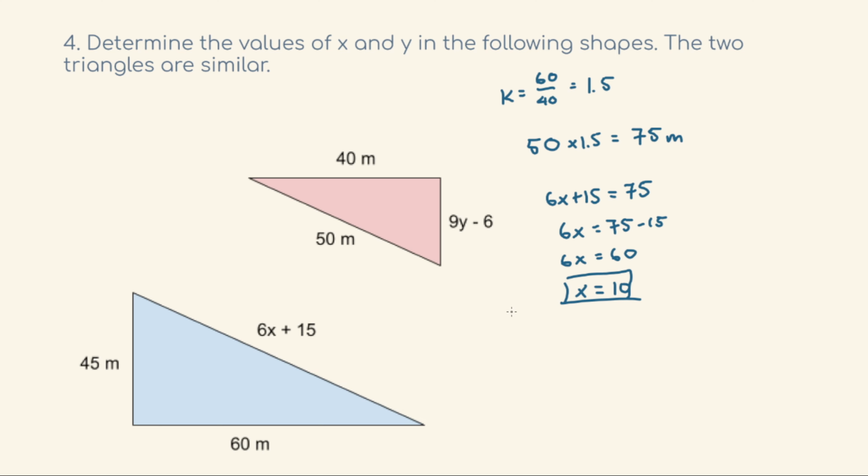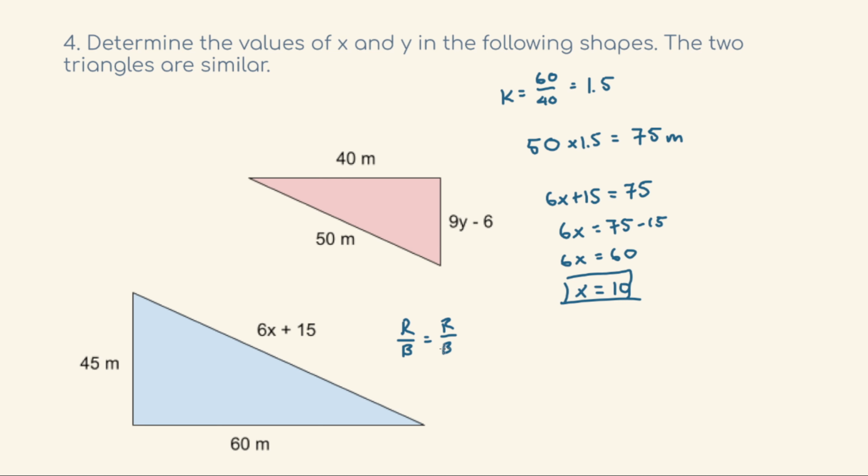Now to find what y is, let's do something a little bit different. Just to show you a different perspective, let's try using cross multiplication. Let's set it up as red over blue equals red over blue. If you have red on top, it has to stay red on top in the second fraction, and if blue's on the bottom in the first fraction, blue has to stay on the bottom in the second fraction.